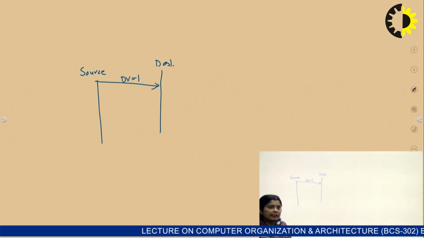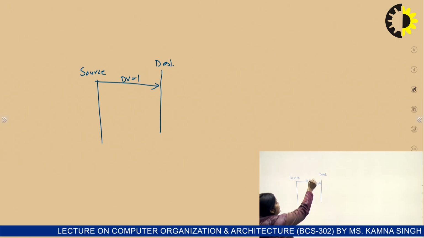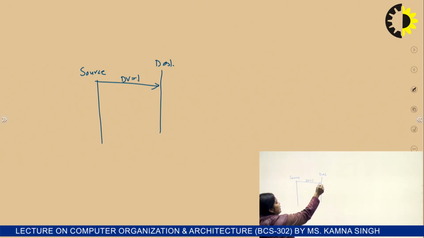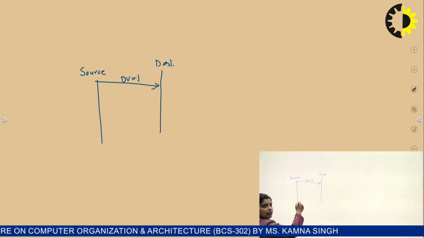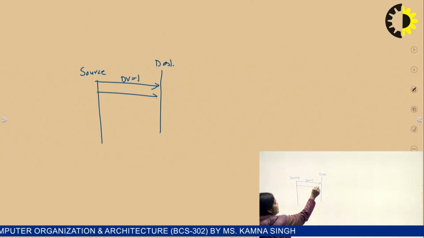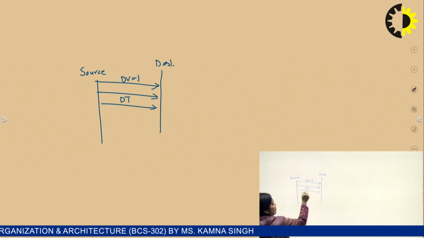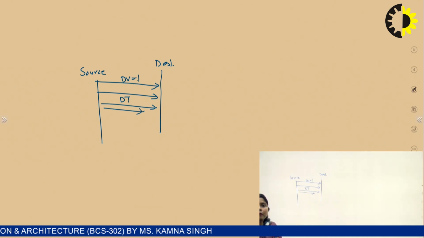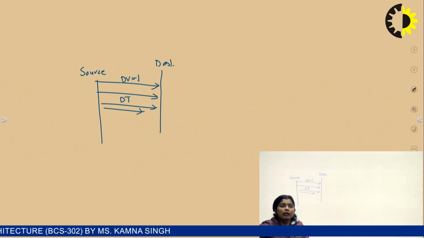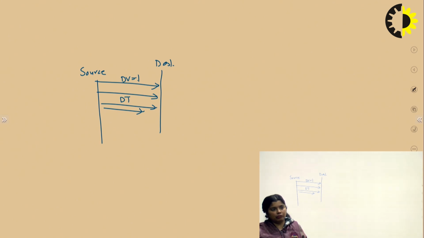It only says I have data and I am transferring it. The main problem in the Strobe control is that we don't know whether my data or data valid value has reached the destination or not.